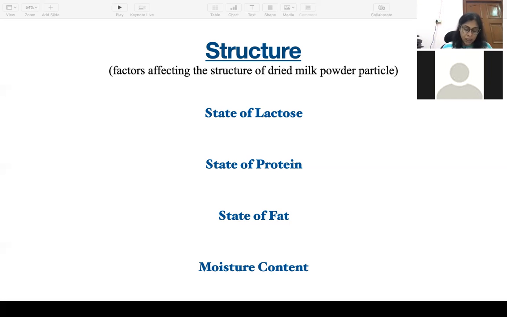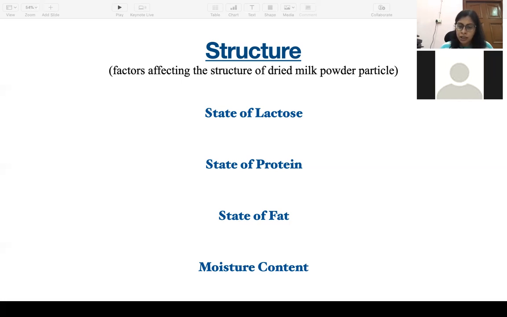Yes, ma'am. So this high percentage of free fat occurs due to the rupture of globule membranes by the hot drum. What we talked about is that when we dry this product by the drum drying technique, the free fat content is more as compared to the spray drying technique.